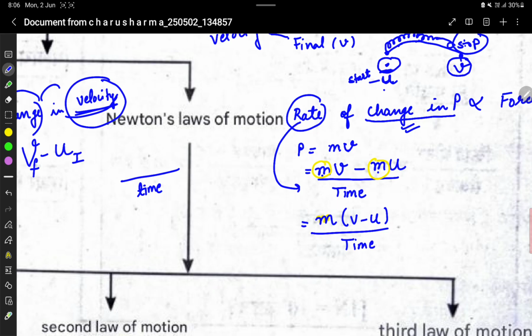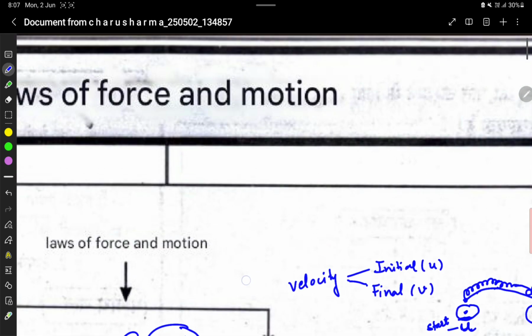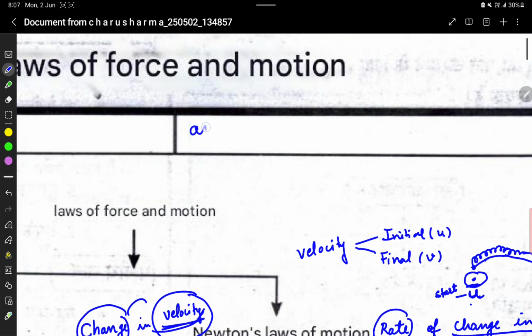That much is clear. Now you tell me, we have learned about the acceleration. What is acceleration? Acceleration is change in velocity divided by the time. That much we have learned. If you are not aware about this term, you can check my previous two videos where I have a detailed explanation of this.